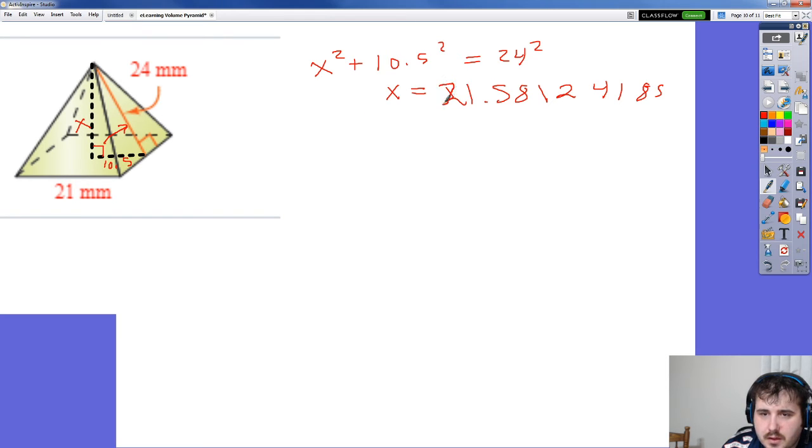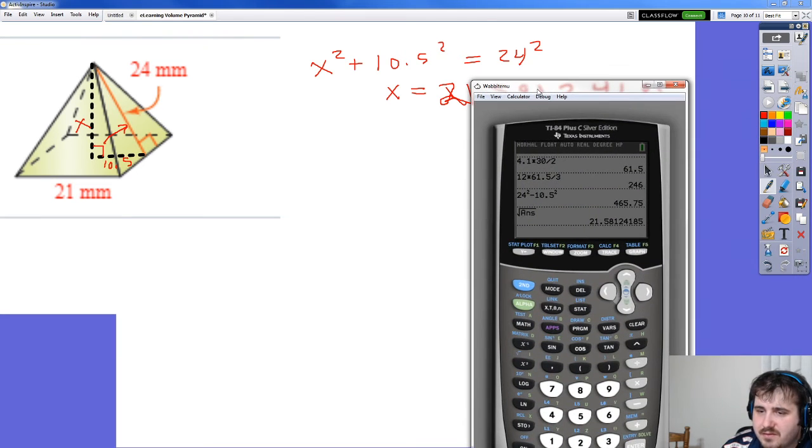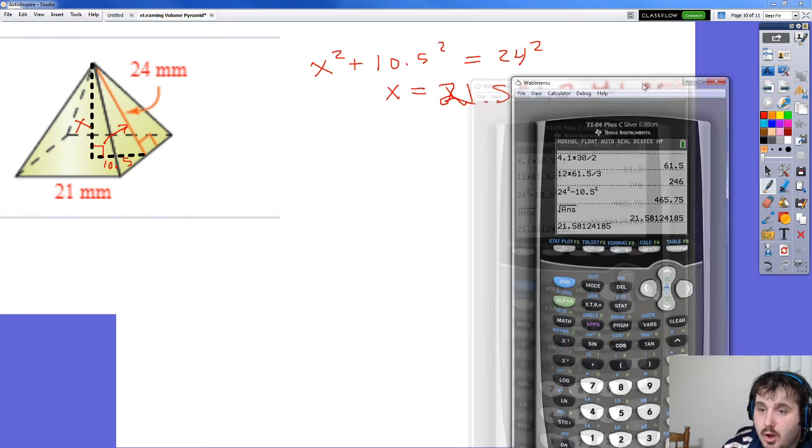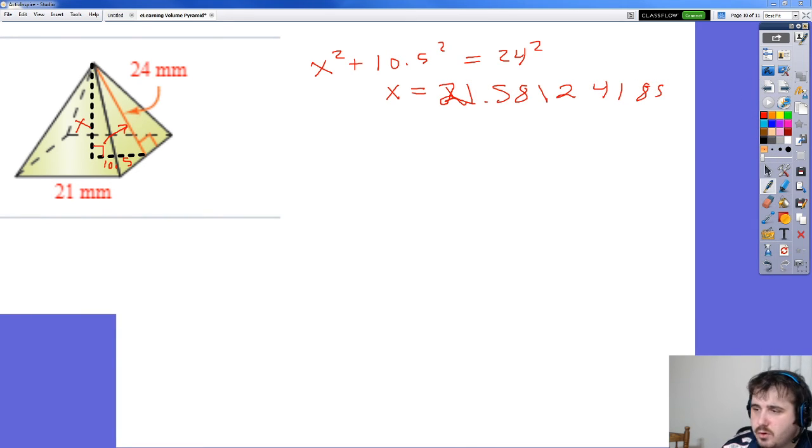The reason I say keep this whole thing, I've got it saved in my calculator right here. All I have to do is hit that and it pops up for me. So I'm good there. But if you don't have something like that, then do yourself a favor, just write it down, and then just put it into the calculator again in a minute.